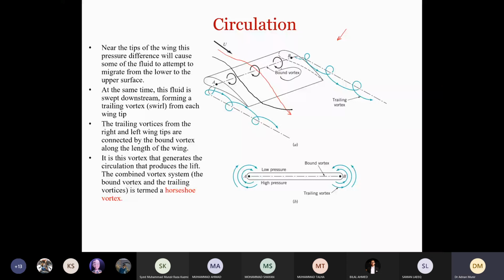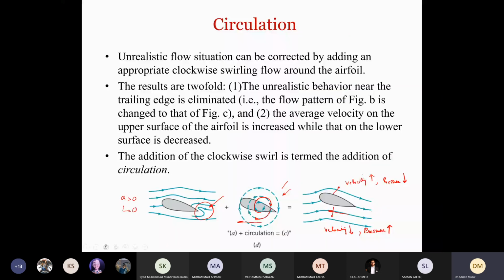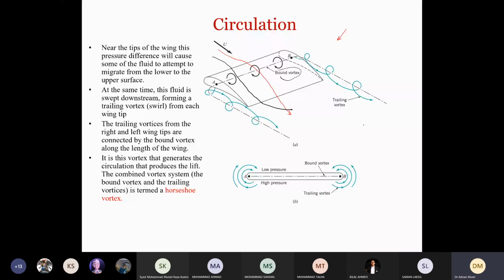Now, in addition to this, we know in the case of an aircraft wing, we have more pressure on the bottom as compared to the top of the aircraft wing, right? So now, since we have high pressure down and low pressure up, that means there will be net flow from high pressure to low pressure at the wing tips.